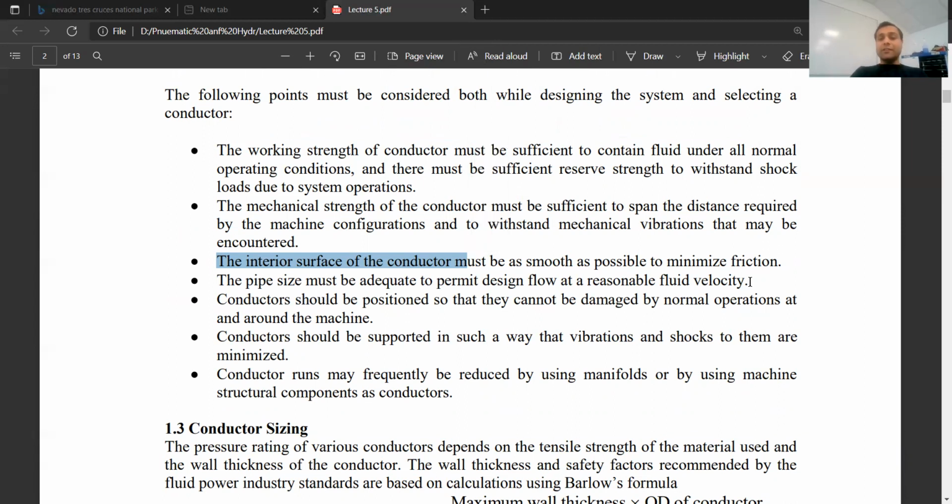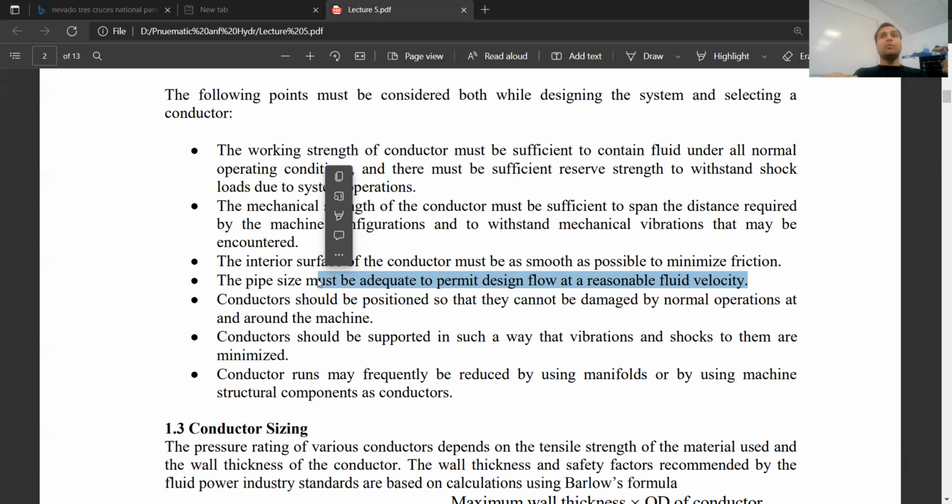The size of the pipe should have certain dimensions, so it has a reasonable fluid velocity. I don't want half a meter pipe diameter at the inlet and 0.1 millimeter diameter at the outlet. In that case, that will be like a water jet.